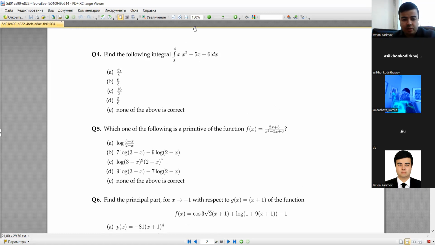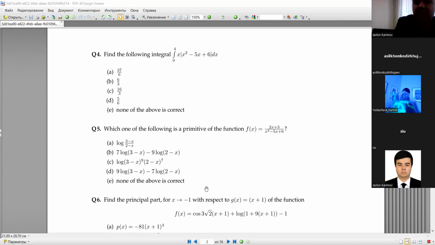Aselhan is correct. So here should be this integration by division into elementary fractions. But we can also just check the versions here. So A, B, C, D, we can just take the derivatives, and if it gives us f of x, it will be a primitive. That's all.